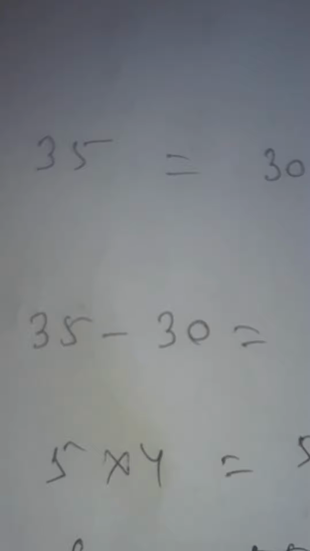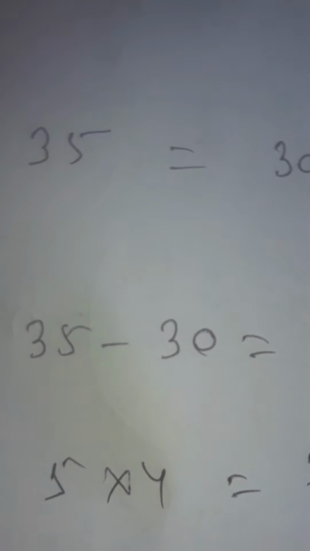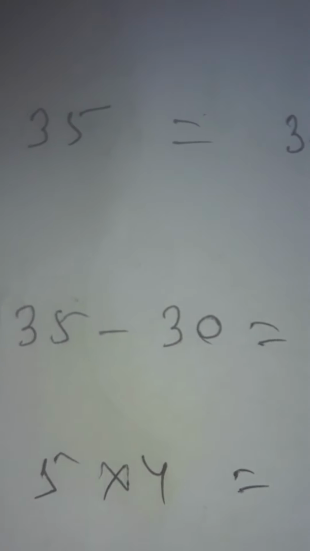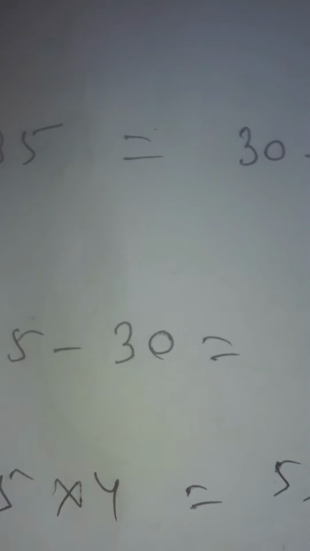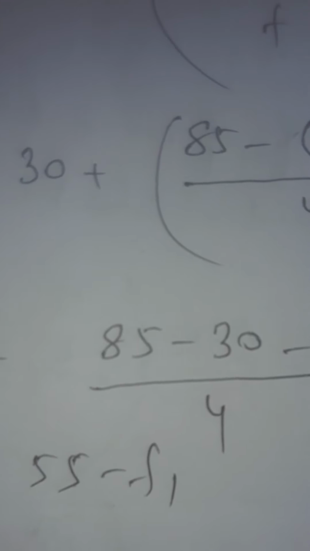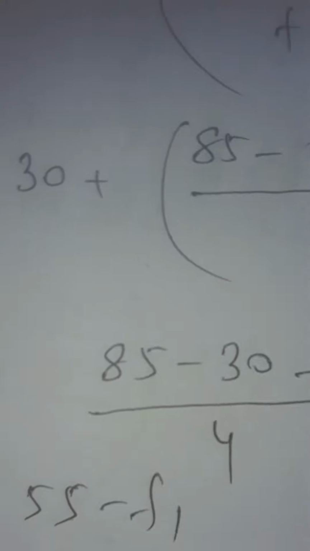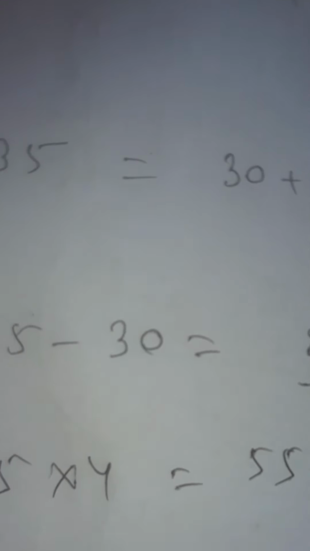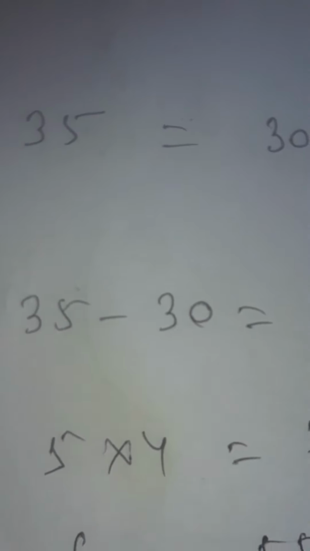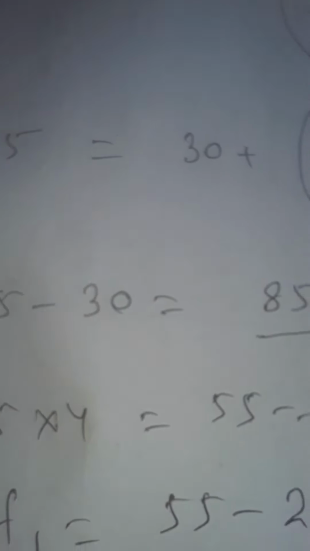It becomes 5 into 4. When 35 minus 30 gives us 5, and the cross multiplication of the denominator of RHS when multiplied with LHS, the value of LHS, that is 5, becomes 5 into 4.